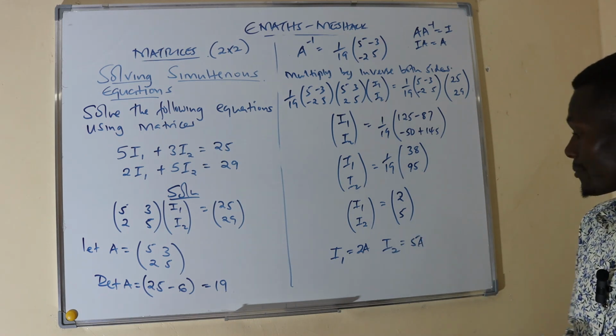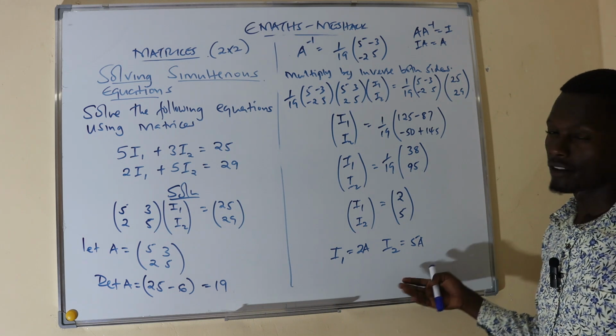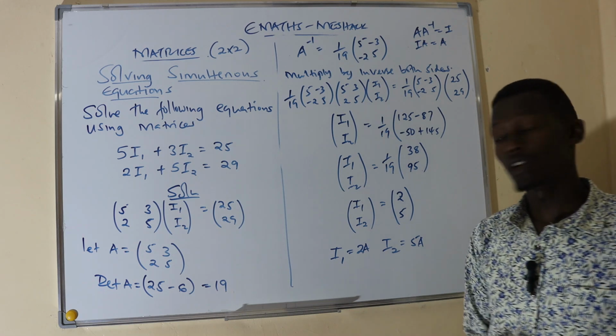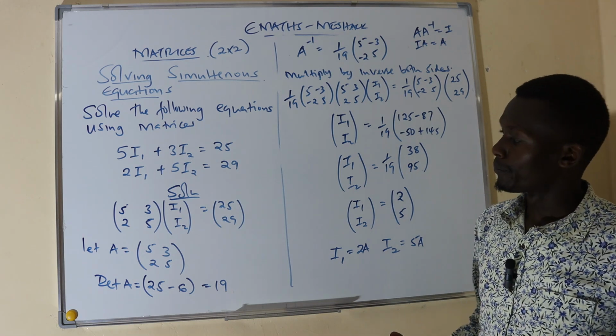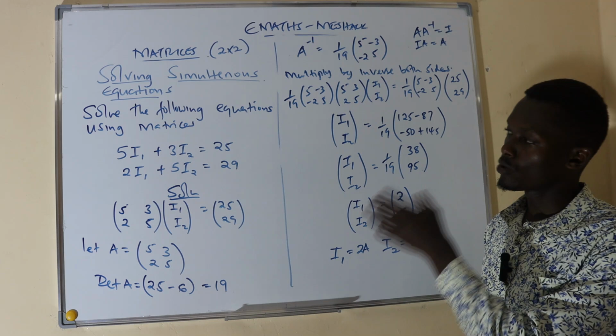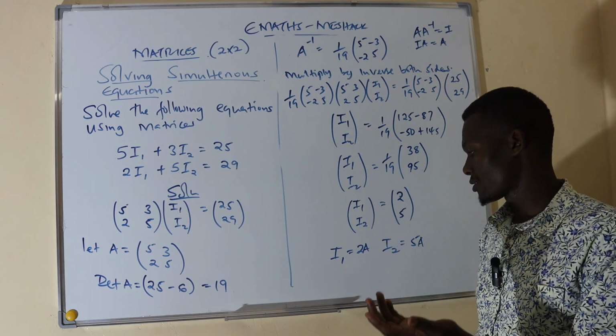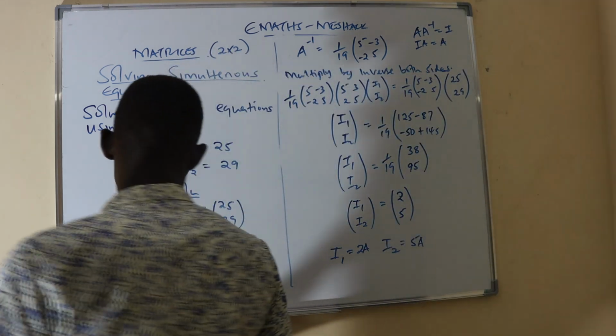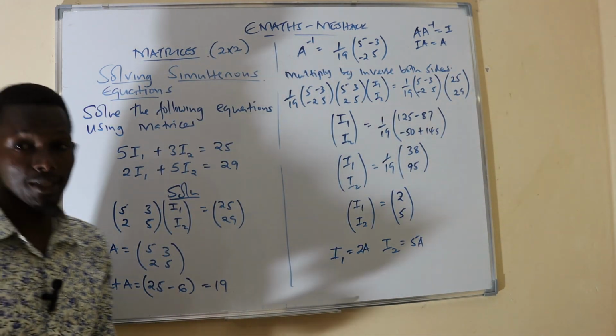So it will be 2 amperes and 5 amperes. This depends on the variable you are working with. If it is a unit whose SI units you know, you can always write the value with its unit of measurement.